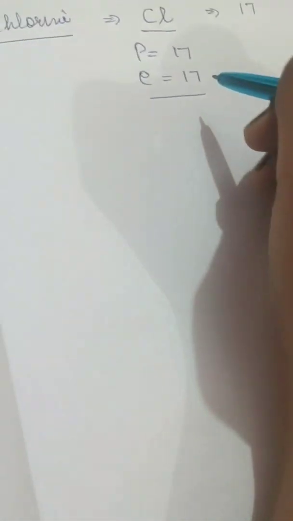So chlorine is also an element. We will take the chlorine atom, which is Cl. The atomic number of chlorine is 17. That means chlorine has protons equal to 17, and electrons also 17, because chlorine is an atom, so it has an equal number of protons and electrons.